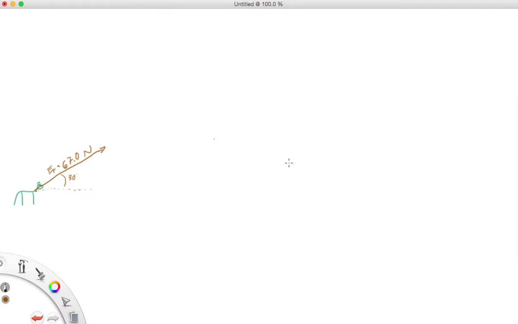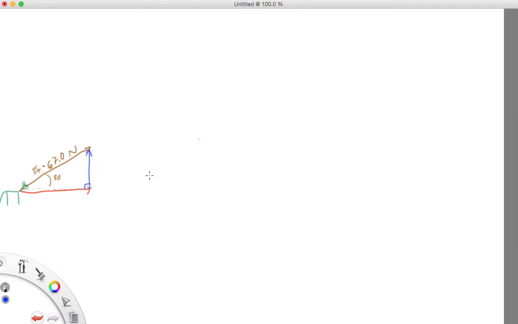Trust me. So we want to decompose this into X and Y. I'm going to do X as red and Y as blue. Here's the X component, and here's the Y component. If you add these two vectors together, they will get this hypotenuse here. These will be at a 90-degree angle from each other, obviously.